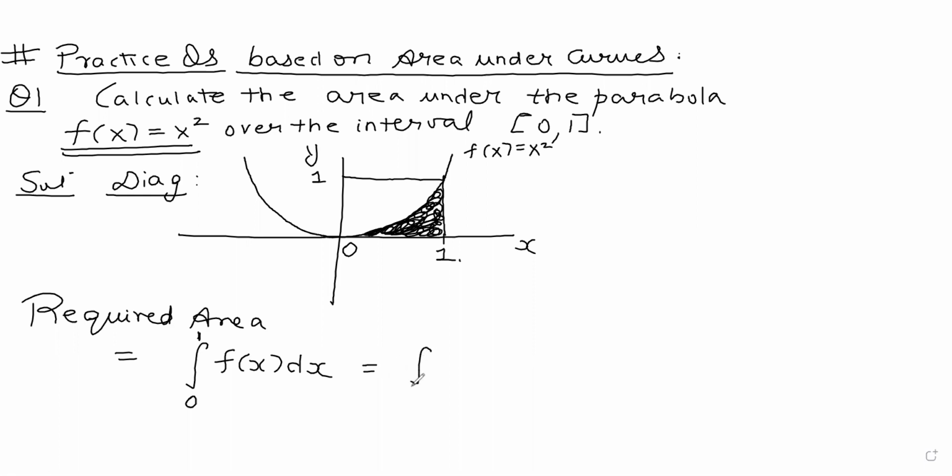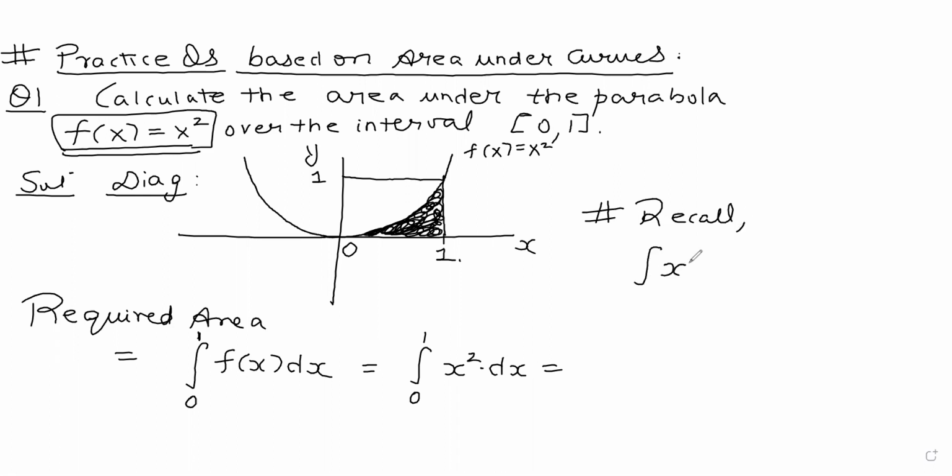This is integral as x goes on from 0 to 1 f of x, which is equal to x square times dx. All of us know, guys, what is the integration of x square? Now all students can recall from high school mathematics. Integral of x to the power n dx is x to the power n plus 1 upon n plus 1 plus the constant of integration.